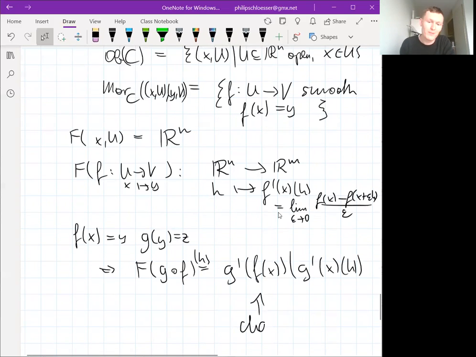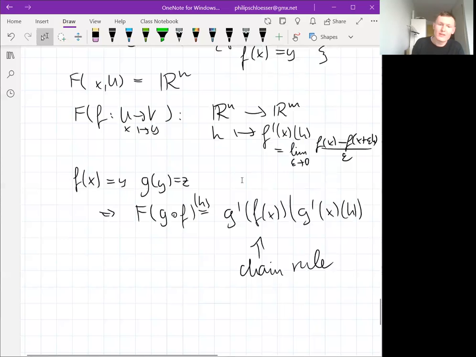Chain rule. So by somehow encoding the point at which we are evaluating, we've turned the chain rule into the statement of the derivative as a functor. Nice, I guess.